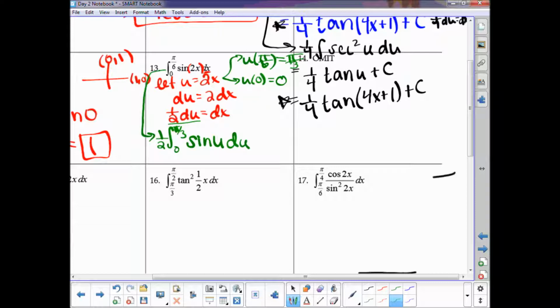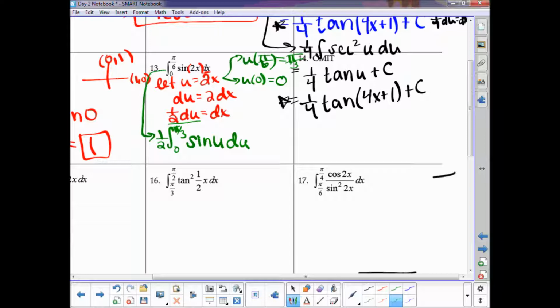Are we good with that u substitution? When I'm finding my new bounds, I take those bounds and put them into u, because right now these are bounds of x equals 0 and pi over 6. So when x is 0, what is u? And when x is pi over 6, what is u? Other questions before we evaluate this?